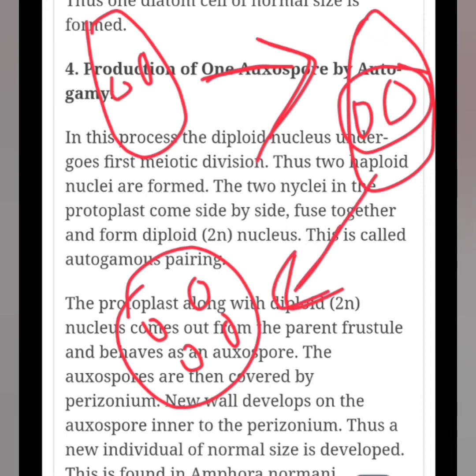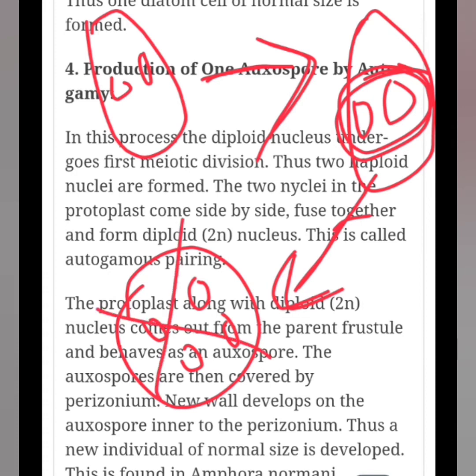So we have only 2 haploid nuclei, and instead of dividing further, they pair and fuse together to give rise to a diploid nucleus, which behaves as an auxospore. This diploid nucleus will come out from the parent frustule.